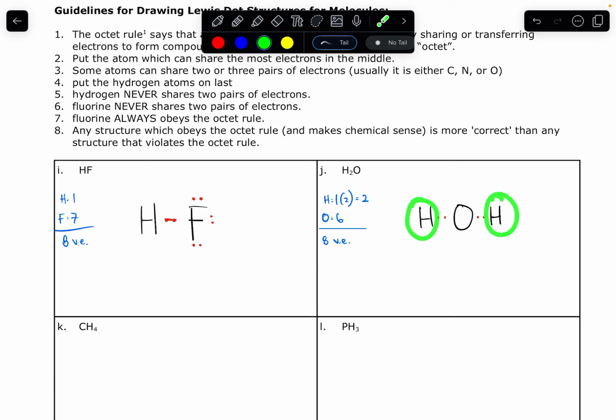Do these hydrogens want an octet? No, they're happy with just the 2 valence electrons. So our remaining valence electrons we will put around oxygen. Step 5 does not apply here, so we move on to step 6 and connect the dots that form the bond.